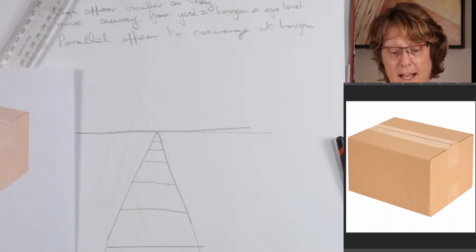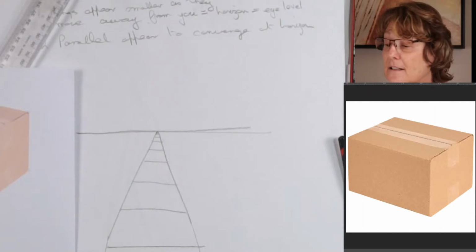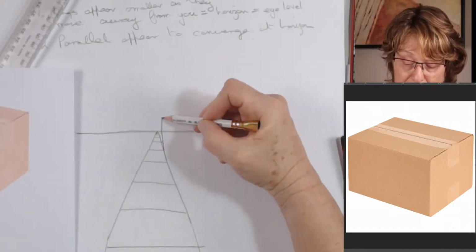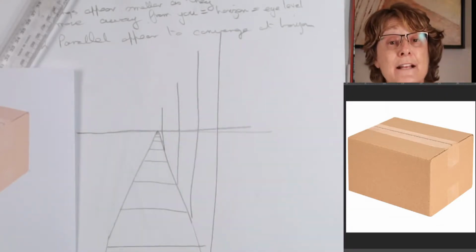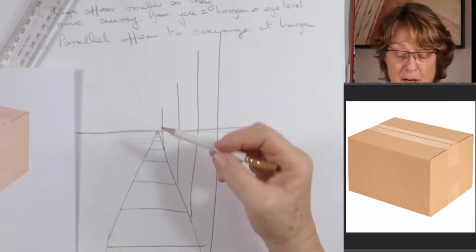Why does it matter? It's actually quite simple. This little pretend railway line that I've got going off there, and if I've got telegraph poles at the side, this is all a single point perspective because it's a single vanishing point.